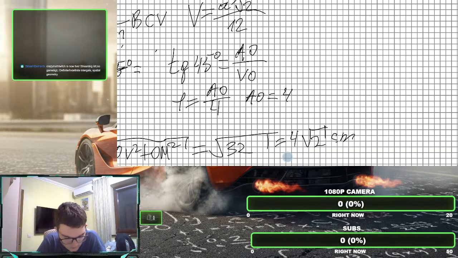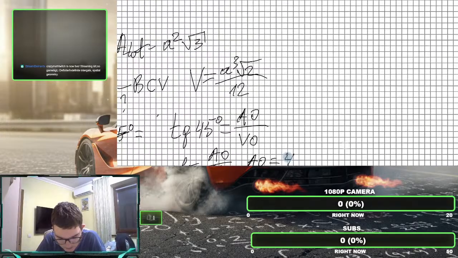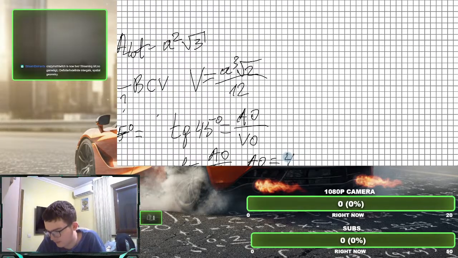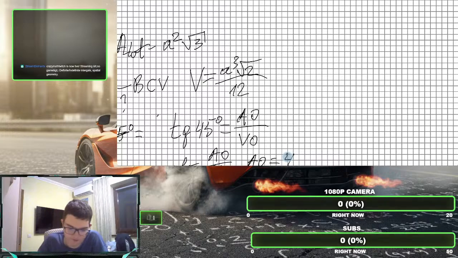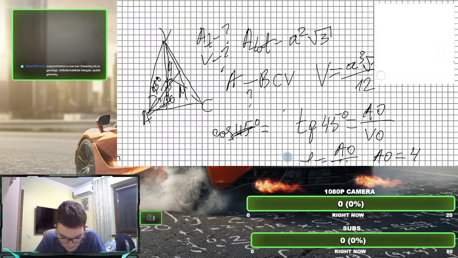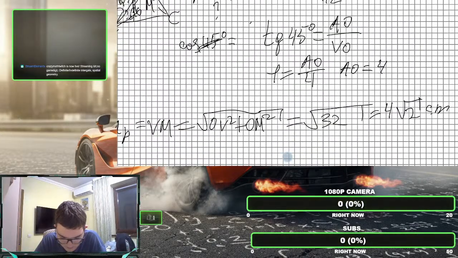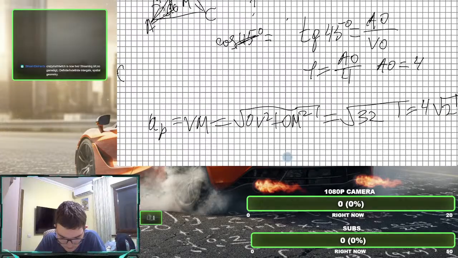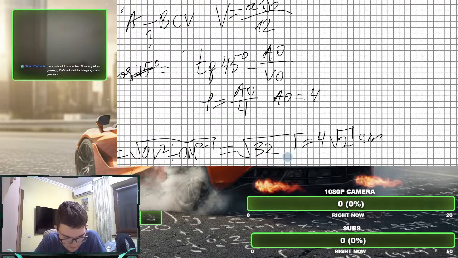So basically got the aperture is 4, right? From where? I don't know. Like we didn't have aperture. Where'd they give aperture? This doesn't make any sense.